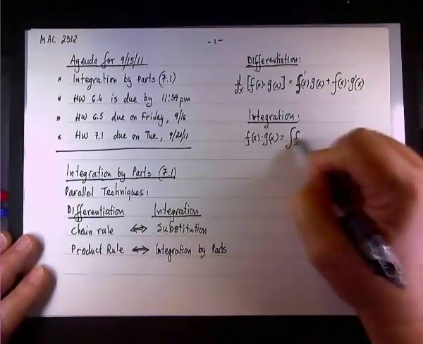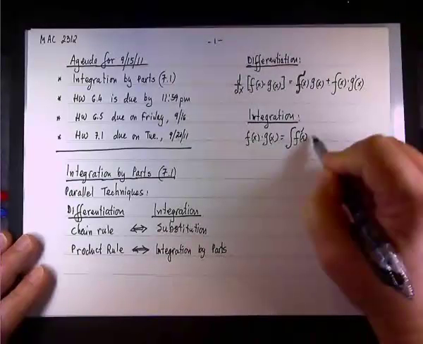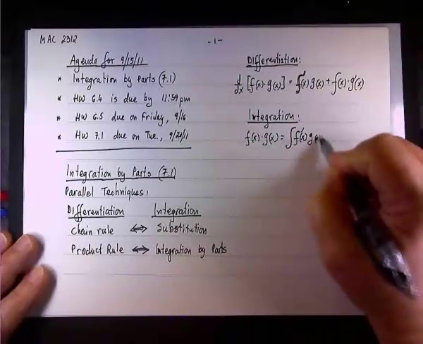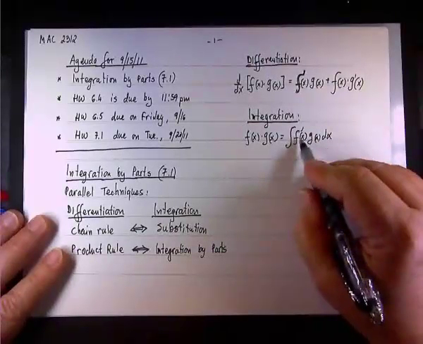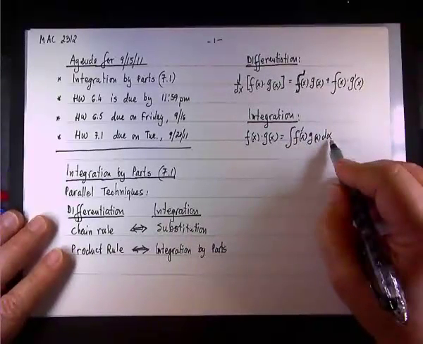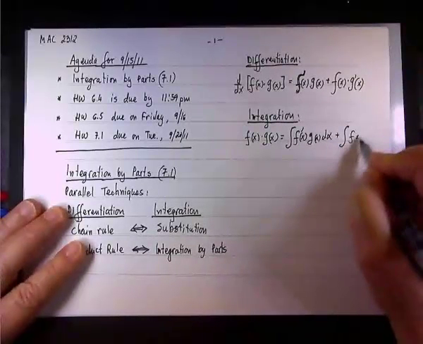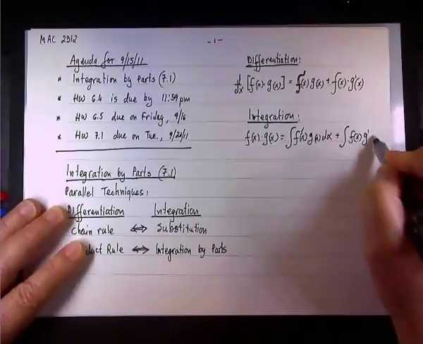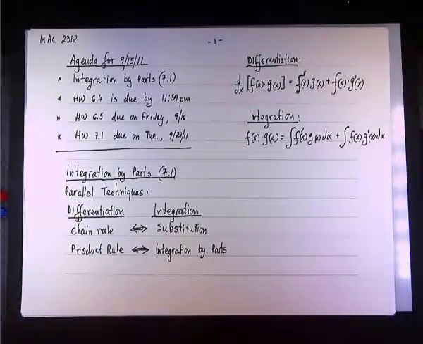But the integration of a sum is the sum of integrations, right? So it will be the integral of f prime of x times g of x dx, plus the integral of f of x times g prime of x dx.